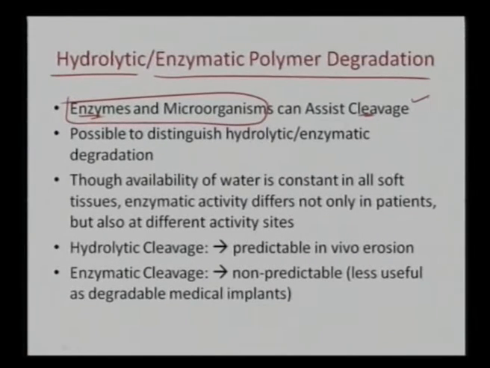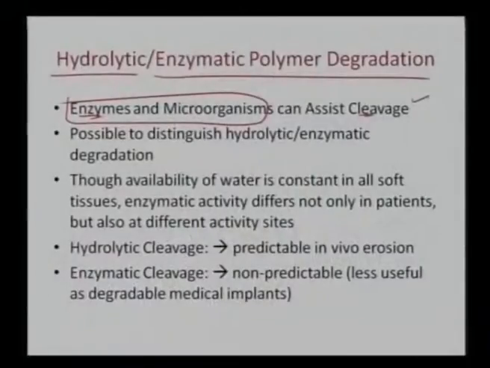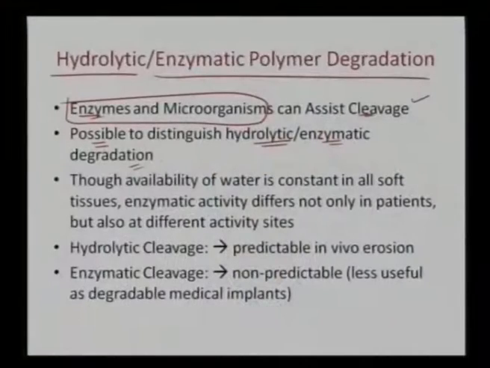It can cleave either the cross links, or the side group chain, or also the backbone itself. But in both cases it becomes possible to distinguish the hydrolytic and the enzymatic degradation, because hydrolytic degradation can occur only on the surface, whereas enzymatic degradation can occur even in the bulk of the material.